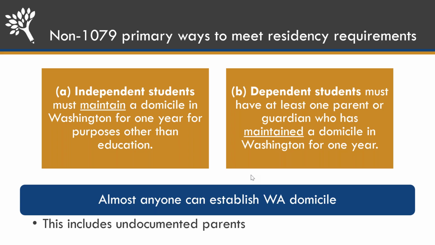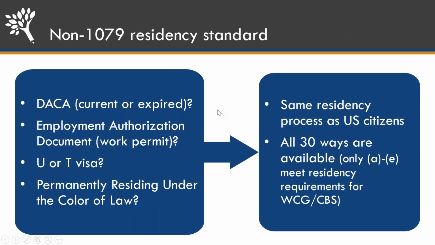I hope I can answer this question. WASFA is open to anyone who does not qualify for federal aid. So that's a long list of students. Federal aid is open to U.S. citizens, permanent residents, refugees, asylees, and some other non-citizens. And then everybody else would fill out the WASFA.